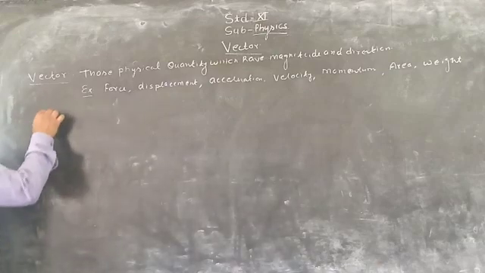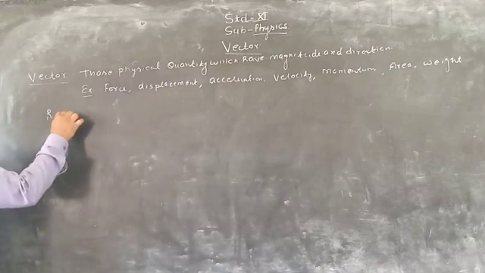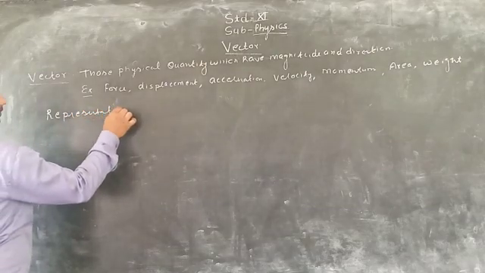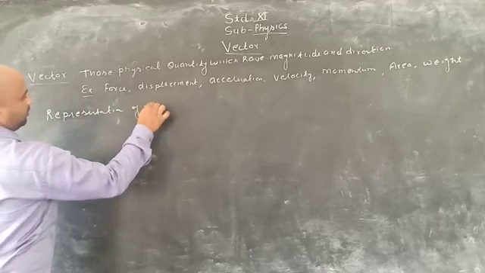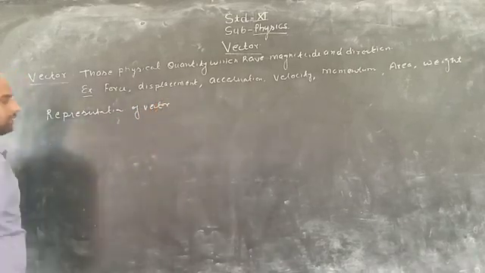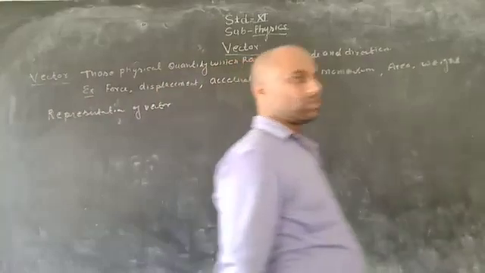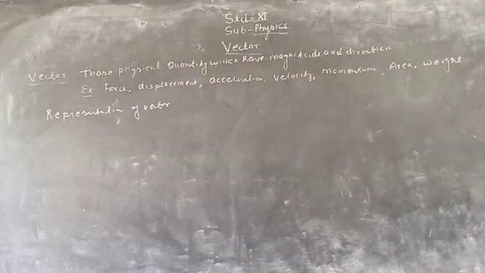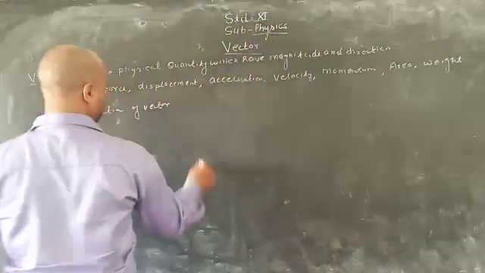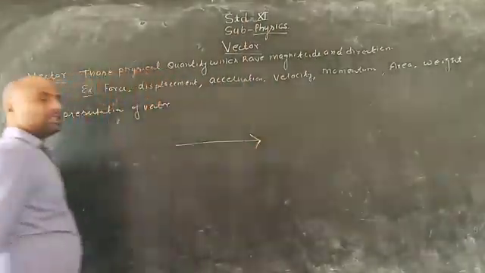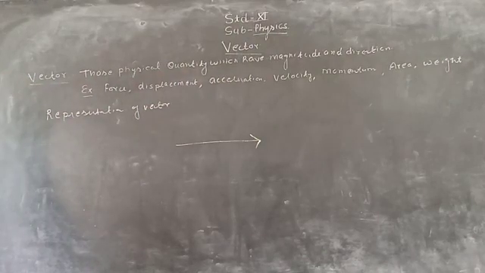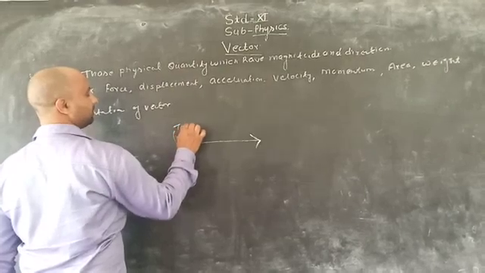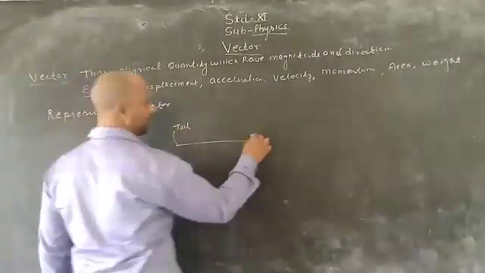Representation of vector. How should a vector be represented? So simple, we have to see. This is the representation of the vector, and this is called the tail of the vector, and this is called the head of the vector.